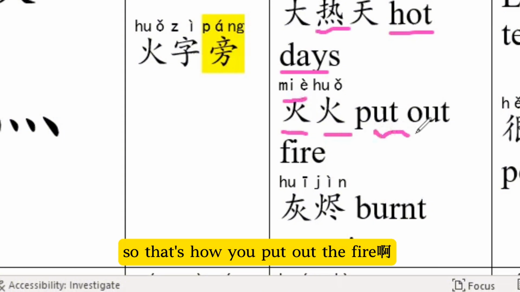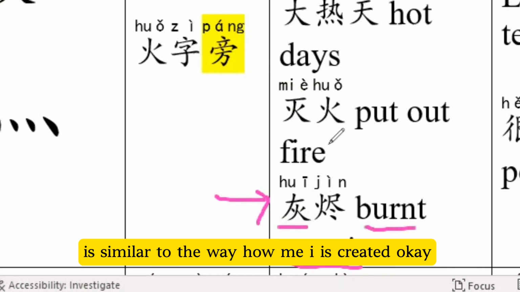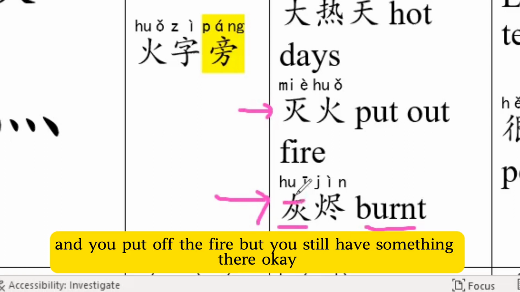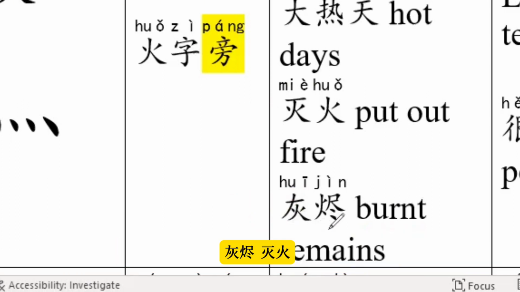So that's how you put out the fire. And 灰烬, the remains of a fire, is similar to the way how 灭 is created. So you have fire and you put off the fire, but you still have something there. So that's the remainings of the fire, 灰烬.